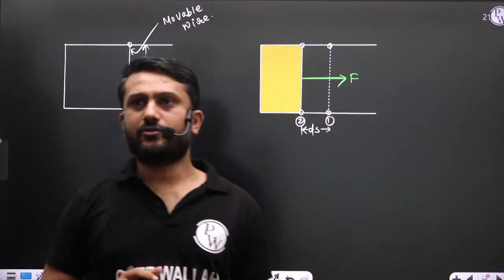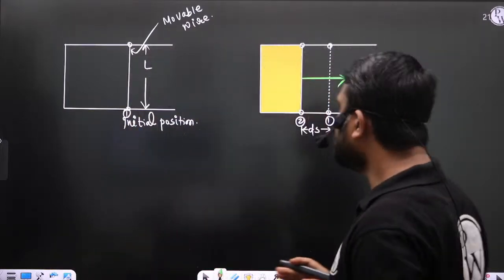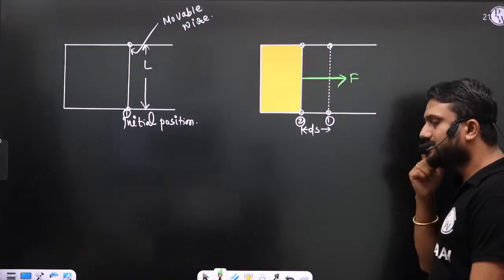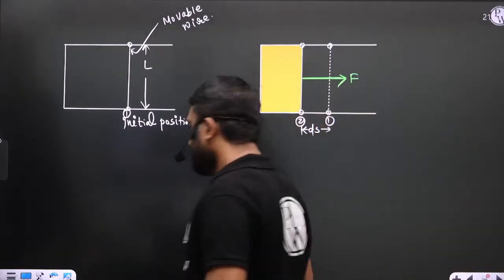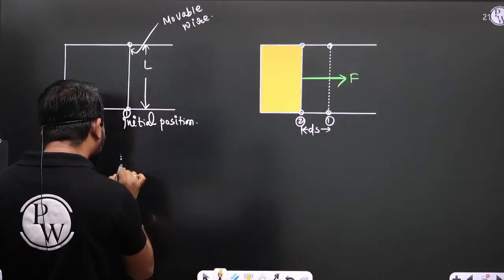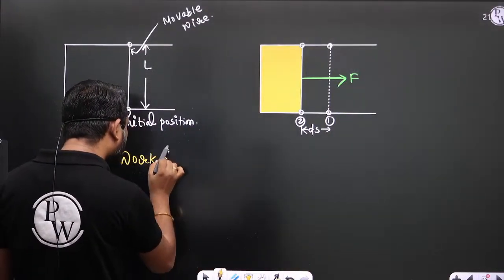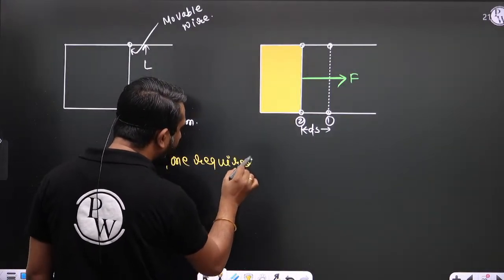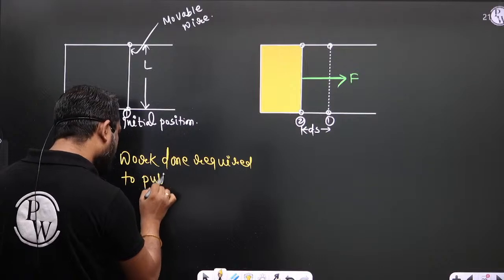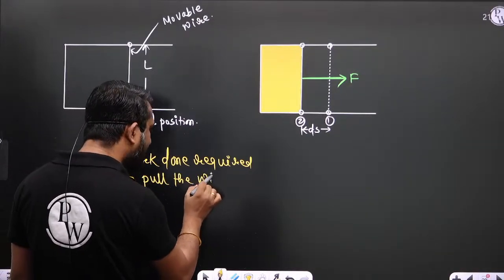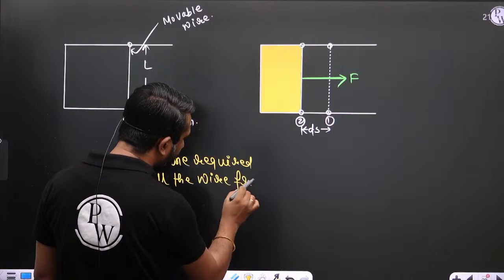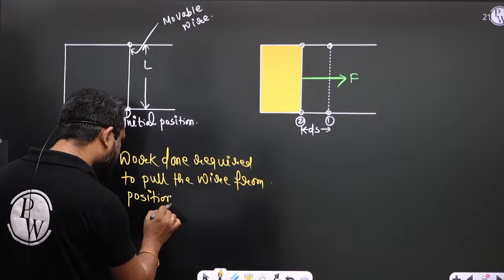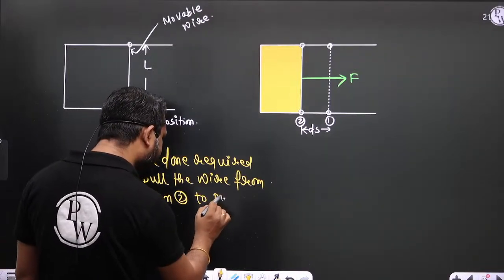So, beta, can you find out the work done which is required to pull the wire from state number 2 to state number 1, from position 2 to position 1?